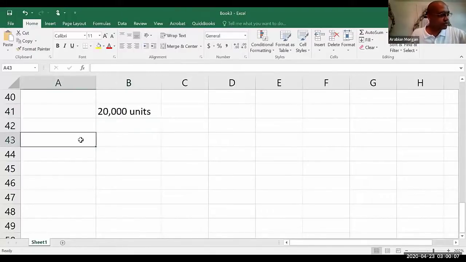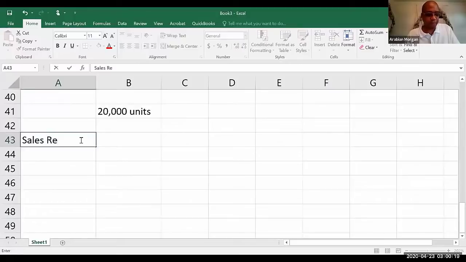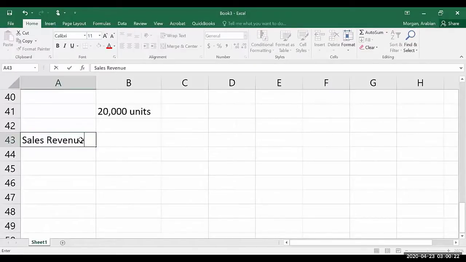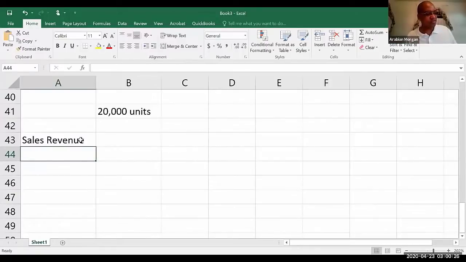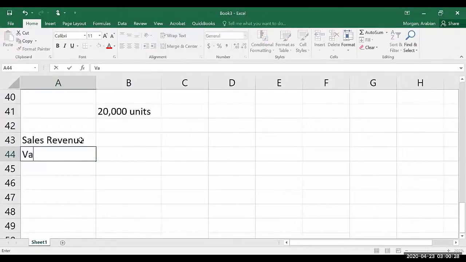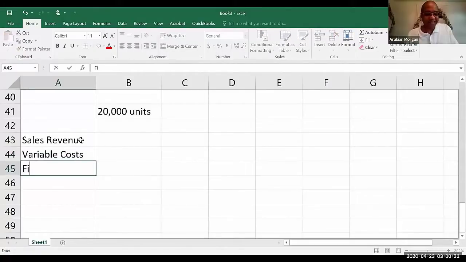It says the flexible budget is actually for 20,000 units, so we're going to have some sales revenue, 40,000, never mind. I'm still going to go through it. We have some sales revenue. We've got some variable costs. And we've got some fixed costs.